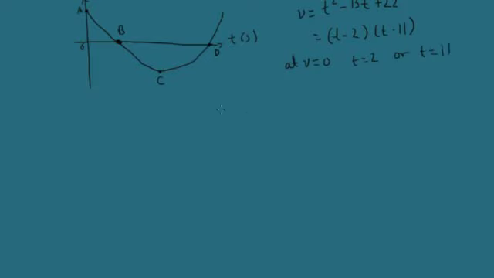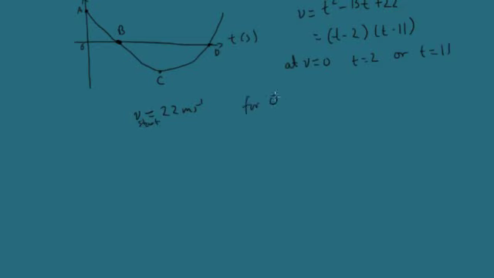So B must be t equals 2 and D is t equals 11. The velocity of the particle starts at 22 meters per second. So that's at the start.